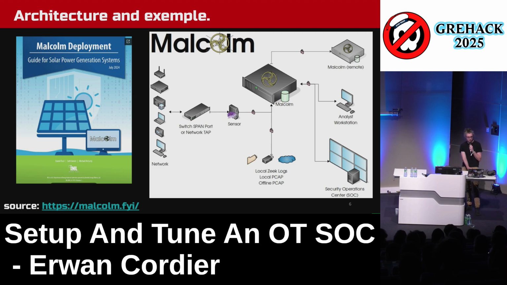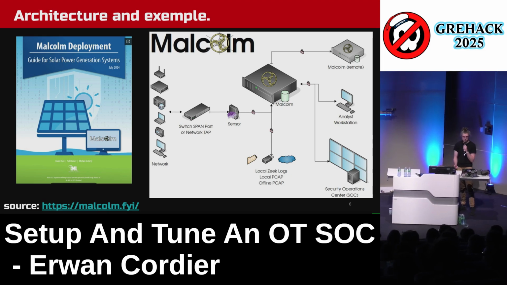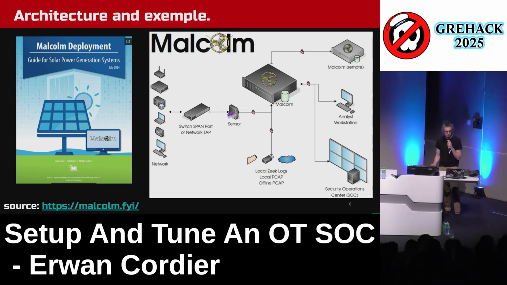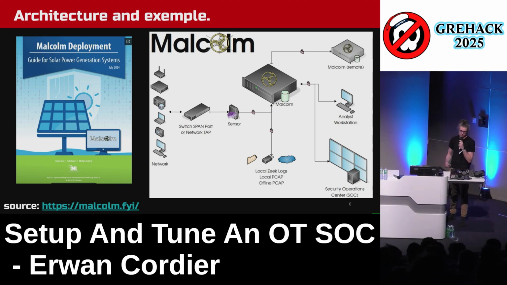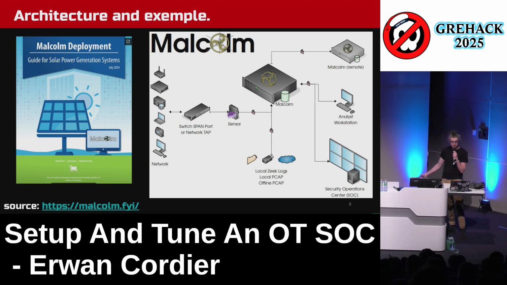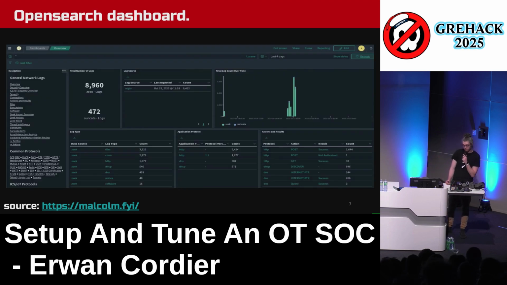You have here an example of Malcolm deployed in solar power plants in several places in the US. So it's a good example of how to scale up Malcolm without using a proprietary protocol. The objective behind that is that the request from the private and public sector in the US is very big, and even the private sector can't follow up with the demand.